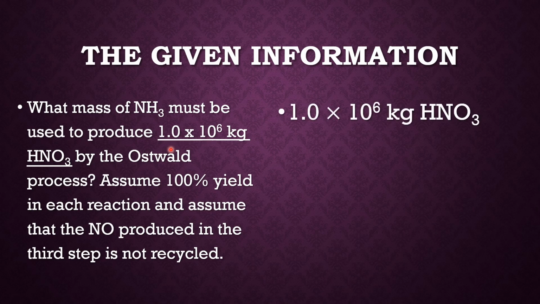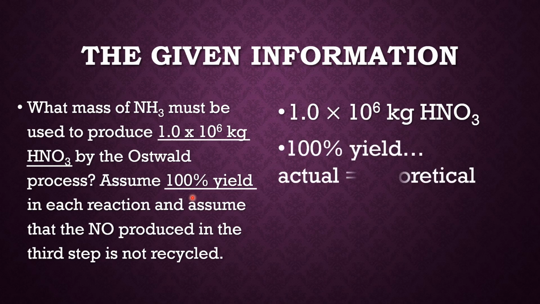The next piece is assume 100% yield. So what does that mean? That means that your actual equals your theoretical. This is not in real life, although this process comes very, very close because of how well each product is used in the next reaction.